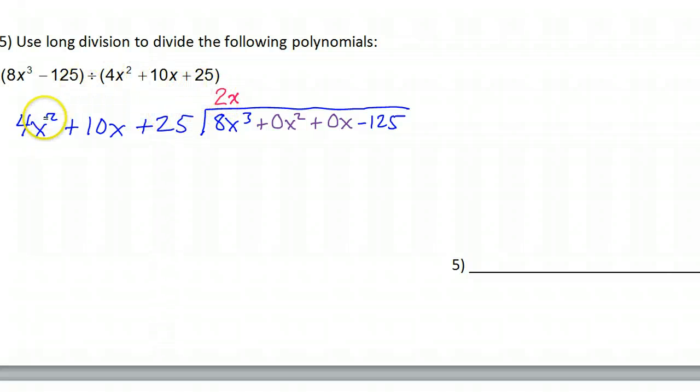So 2x times 4x squared, of course, is 8x to the 3rd power. Like we knew that. And 2x times 10x will be 20x squared. So plus 20x squared. And then 2x times 25 will be 50x. So plus 50x.